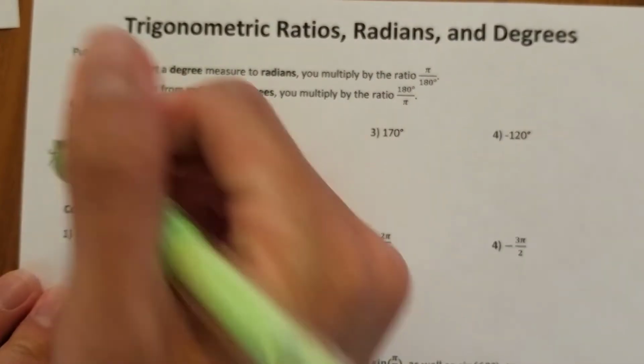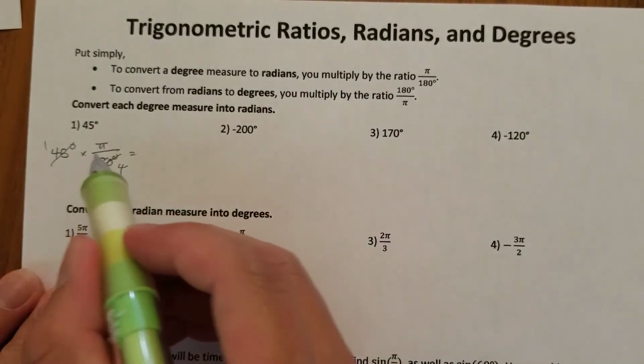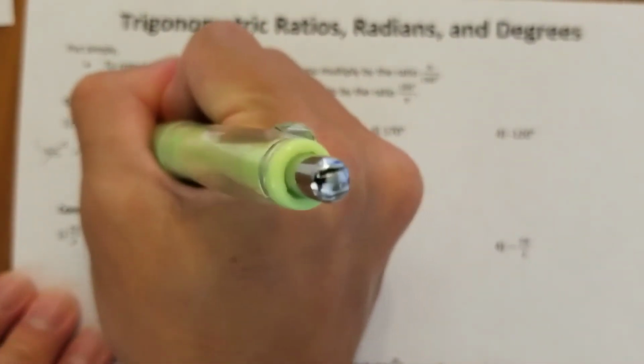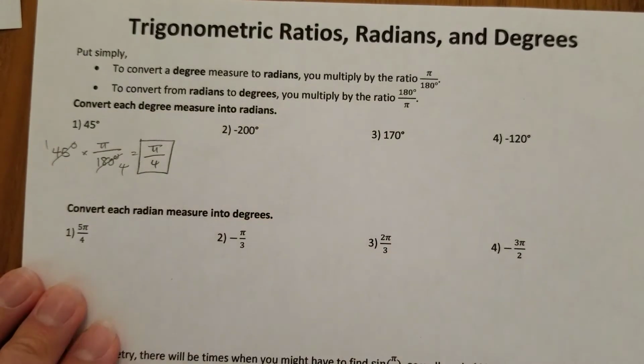This is just a 1 and this is a 4. So this is 1 times pi, that's pi divided by 4. So a 45 degree angle is the same thing as pi over 4 radians.